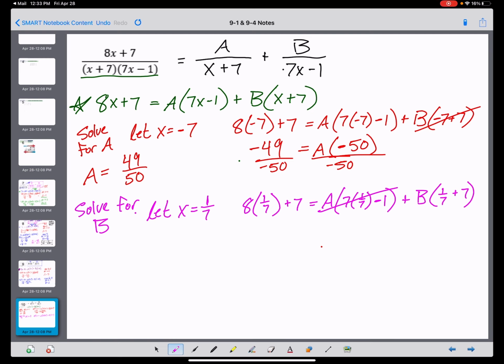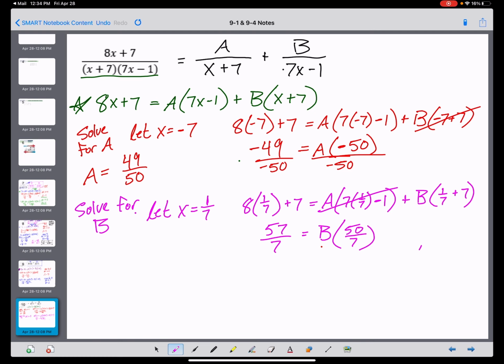So that would be 49/7 plus 8/7, which would be 57 over 7, right? 57 sevenths equals B times 1/7 plus 7, which is the same thing as 1/7 plus 49 sevenths, which would be 50 sevenths.